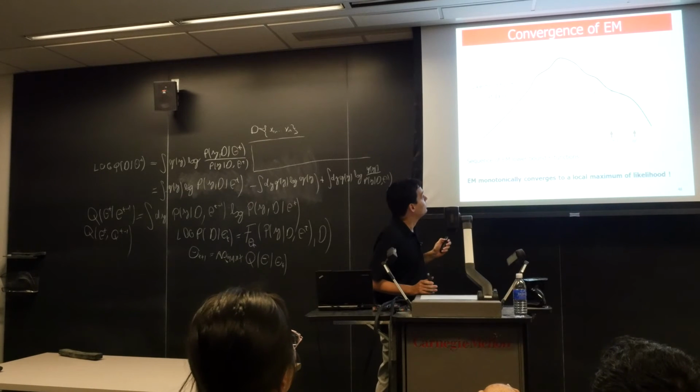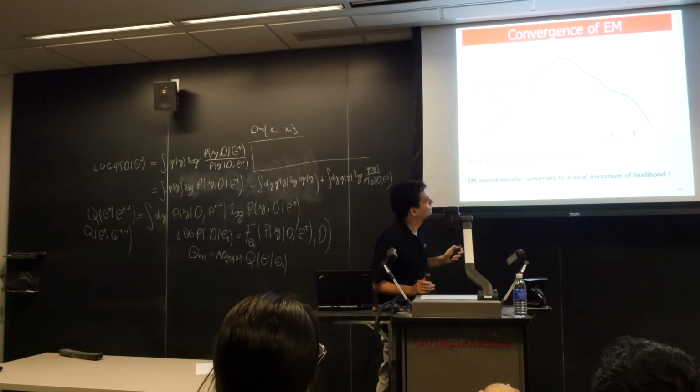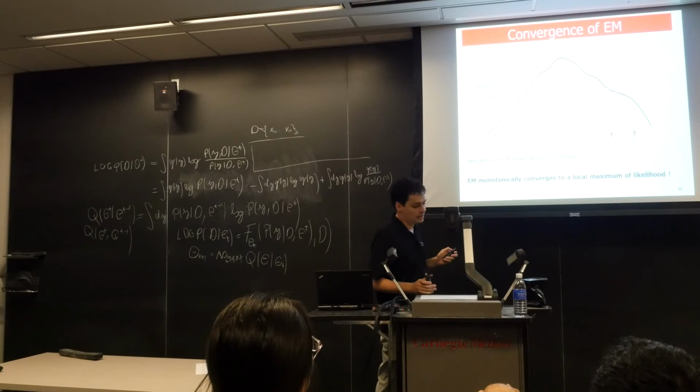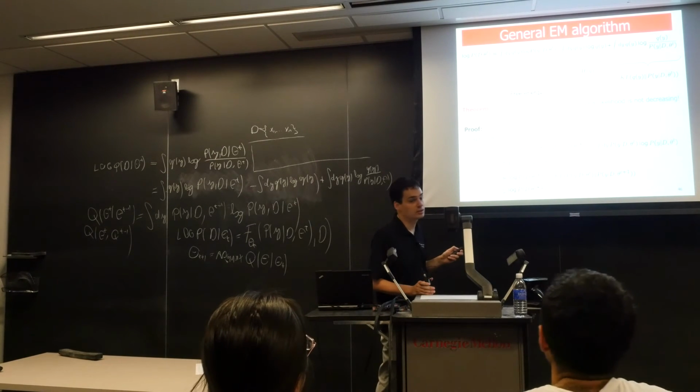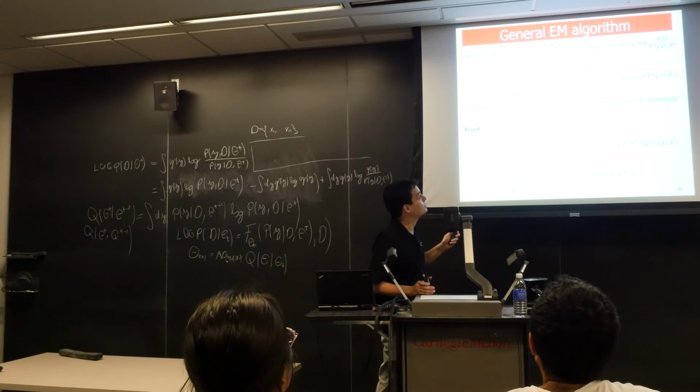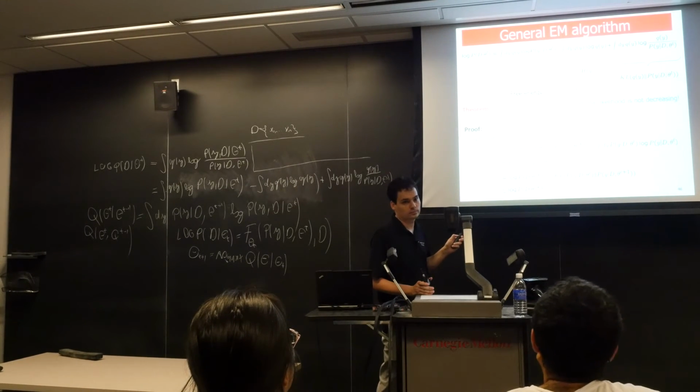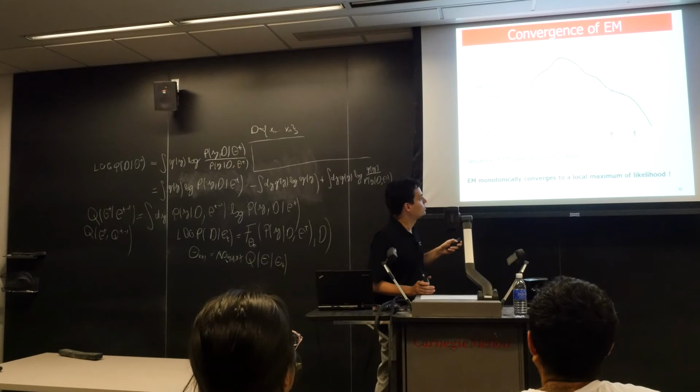We proved that the likelihood function is always a free energy plus a Kullback-Leibler divergence. So the likelihood function is always bigger or the same as the free energy. The likelihood function has parameter theta t, the free energy has parameter theta t. So this is like a picture.